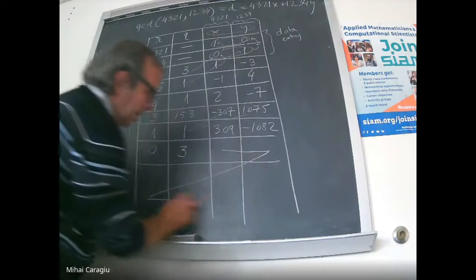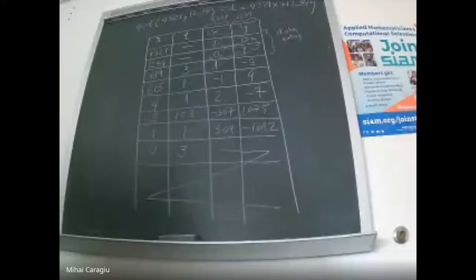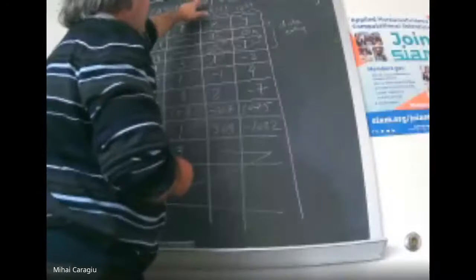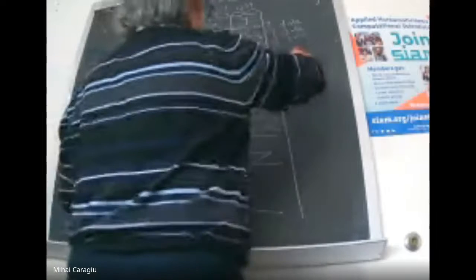And we can state clearly that the greatest common divisor of 4,321 and 1,234 is 1. So D equals 1. In other words, 1,234 is relatively prime with 4,321.